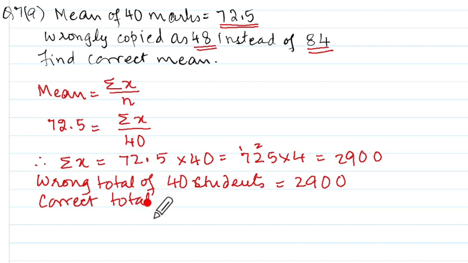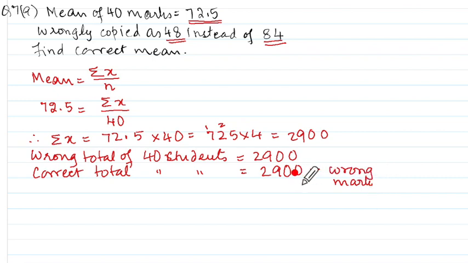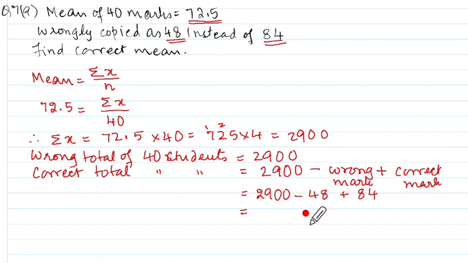So what will be the correct total? For the correct total of 40 students, from this 2900 we will subtract the wrong mark. So we will have the correct total of 39 students, and then add the correct mark. That will give us the 40th mark, which will be the correct mark. So it will be 2900 minus 48 plus 84. Find out how much it comes out to be.